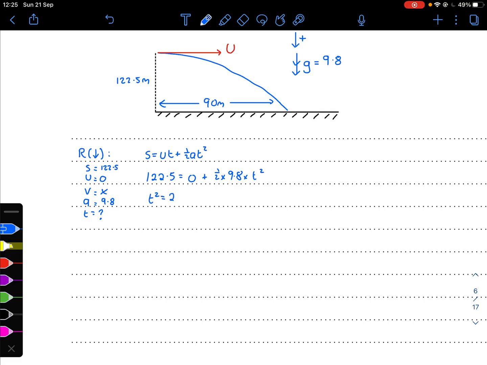A little bit of rearrangement of that tells me that t squared is 25. So I get a nice answer. Doesn't always happen. It's travelled the full journey in 5 seconds.